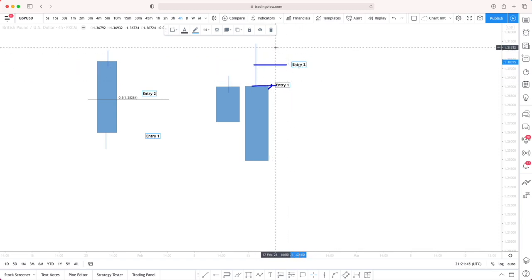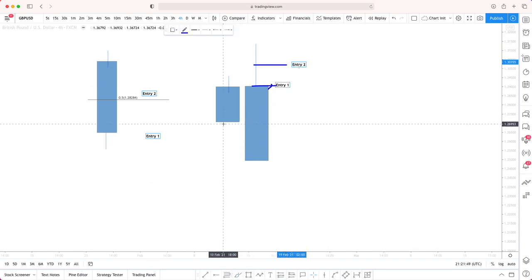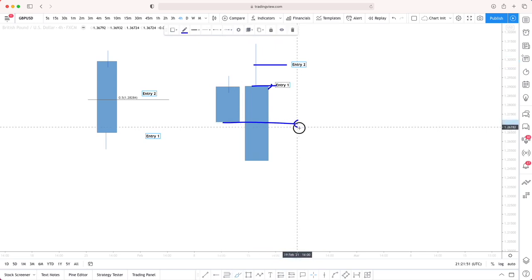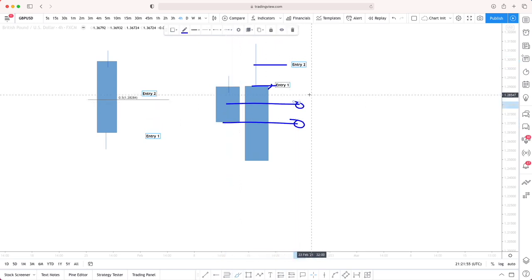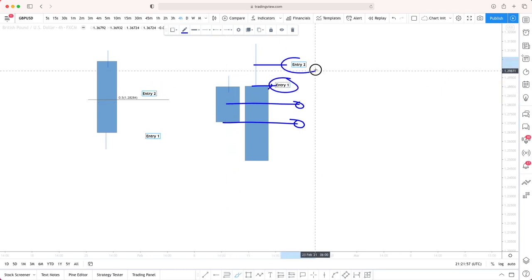Now, if you do get a liquidity wick, it doesn't mean that you can't use the actual OB itself. You can still use an entry here or 50% should you wish. But in terms of refinement, you can also use this. Remember, the more refined you go, the less probability you have of a trade triggering. So try not to over refine it.